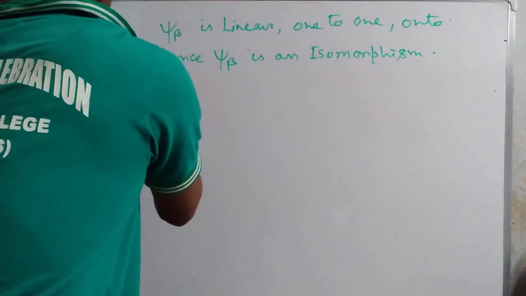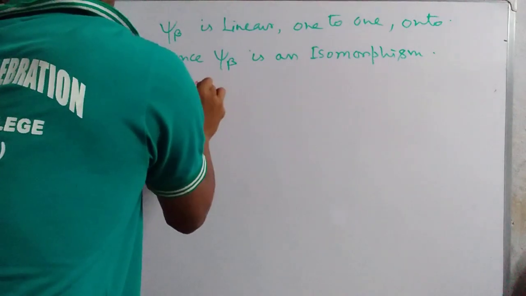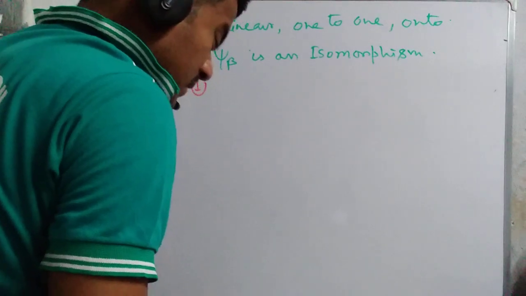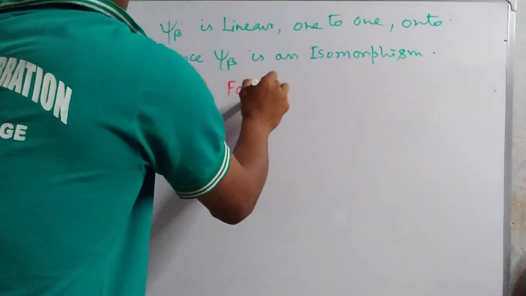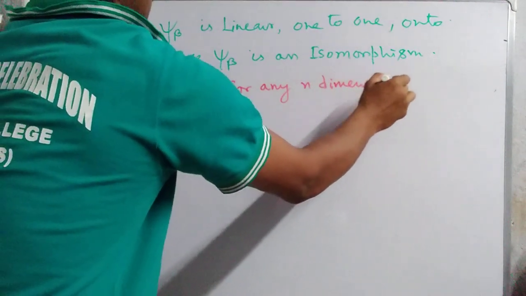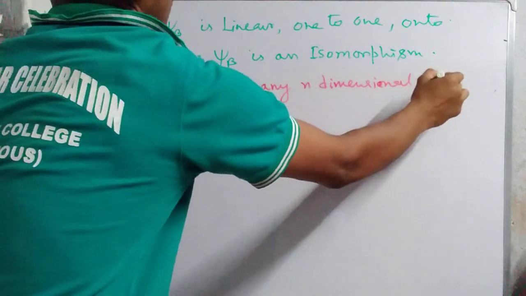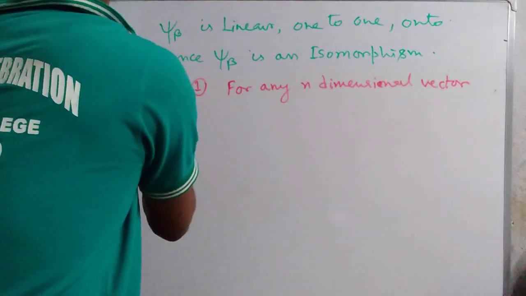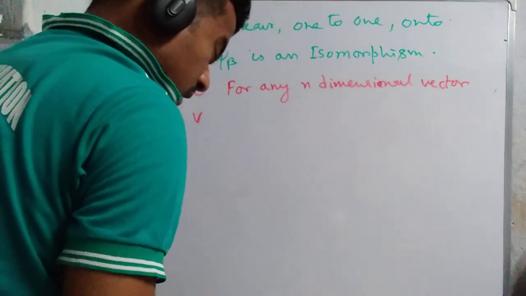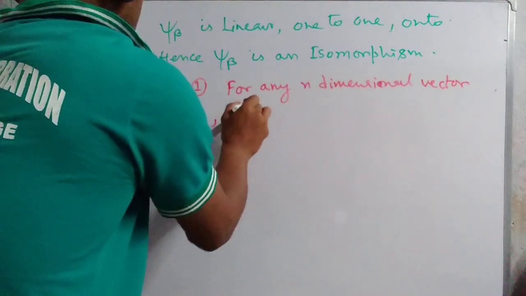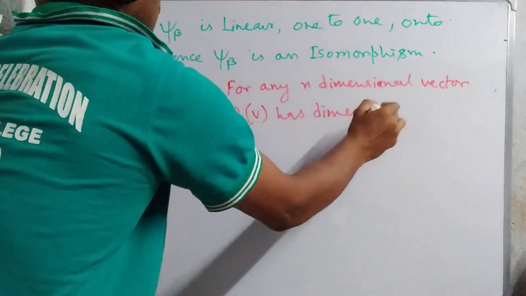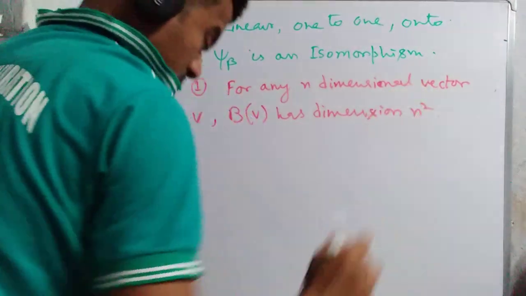Corollary 1. For any n-dimensional vector space V, BV has dimension n square.